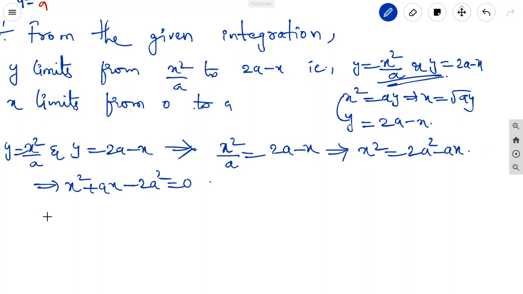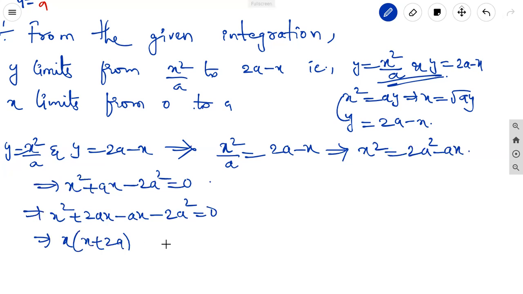Split into factors: x squared plus 2ax minus ax minus 2a squared equal to 0. Why? Because 2 times 1 is 2, and plus 2 minus 1 is 1. Then in the first two terms x is common, so x plus 2a. In the next two terms minus a is common, x plus 2a equal to 0. Then x equal to a and minus 2a.